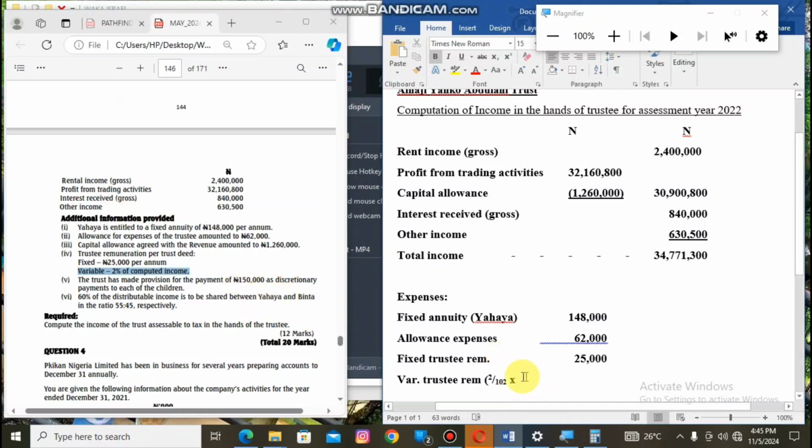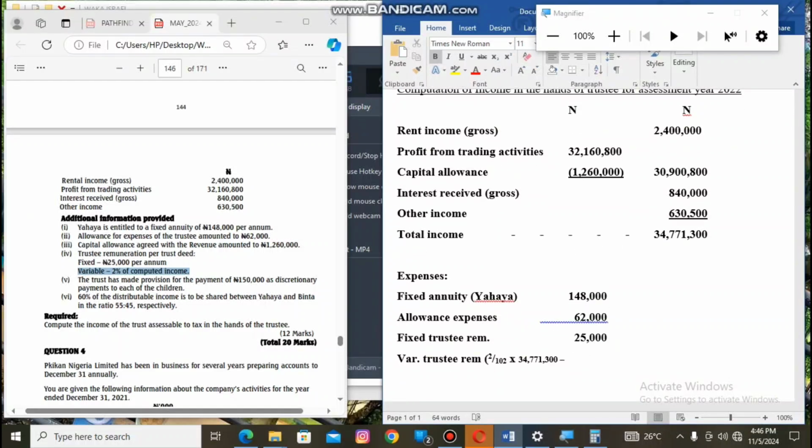So what do we do now to get the amount we used to calculate the variable trustee remuneration? 2 over 102 times the total income here, which is 34,771,300, minus the total expenses first.